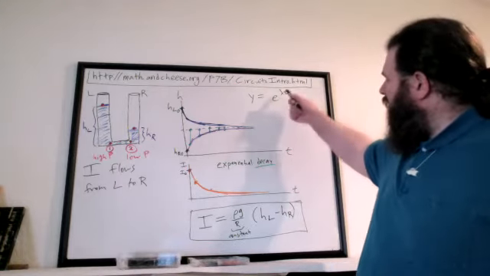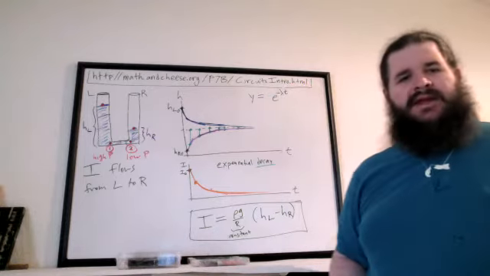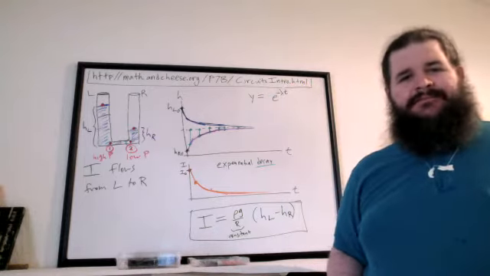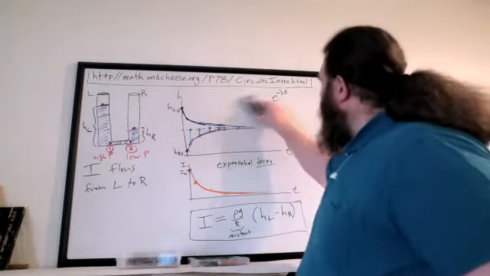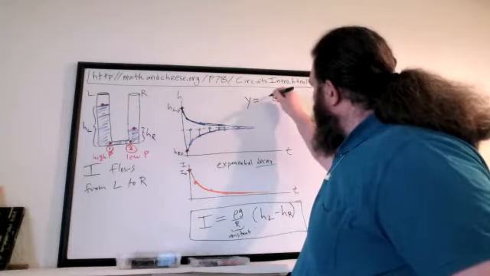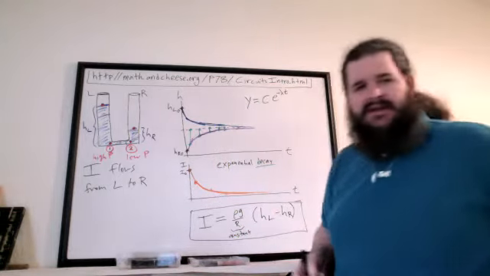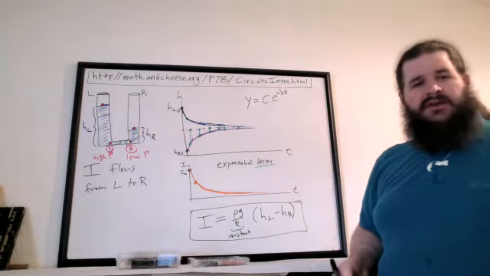So let's assume that lambda is a positive number, but we put in a negative sign here. So e to the negative lambda t. And we could also have a constant multiplied outside the exponent as well. Let's say c times e to the negative lambda t. And the role of that has to do with the initial conditions.